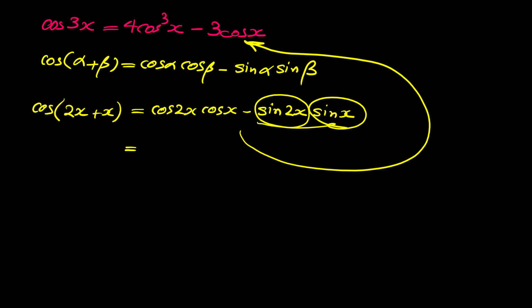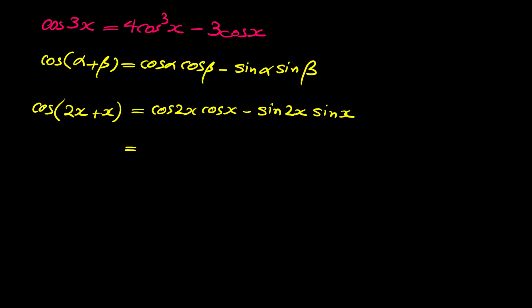If we want to write cosine of 2x in terms of cosine of x, remember from double angle identities, cosine of 2x is 2 cosine squared x minus 1, times cosine of x.